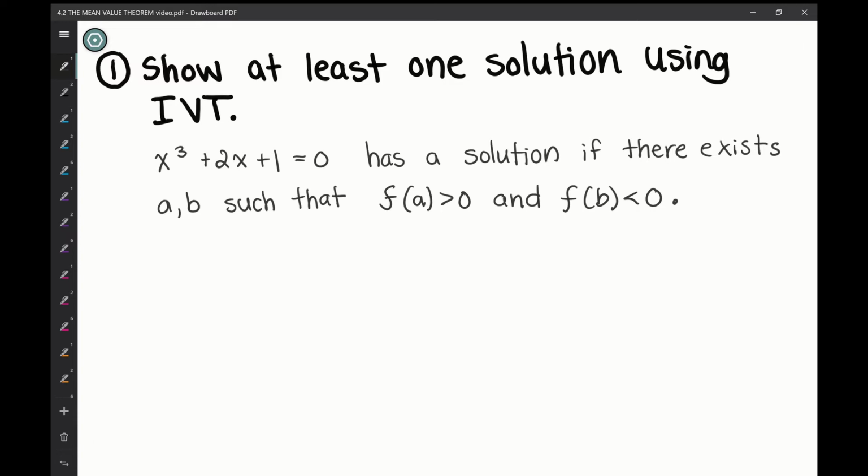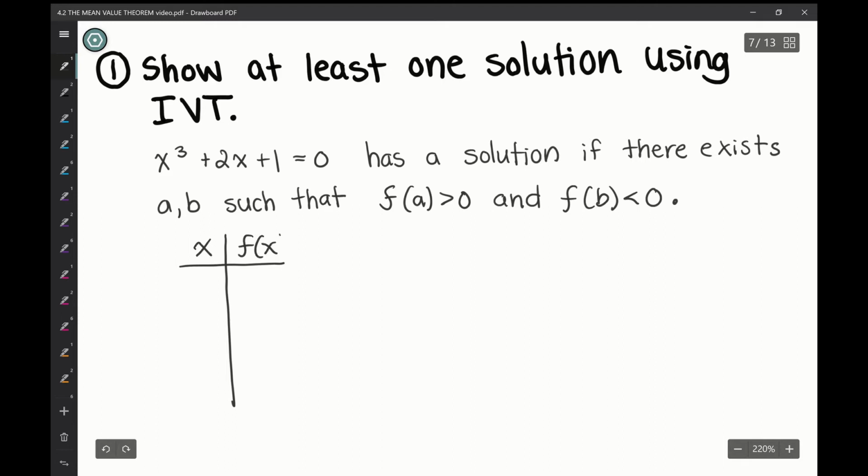Now we need to find any numbers a and b that fulfill this requirement. Sometimes this takes a bit of guessing and checking. If you're guessing and checking out of nowhere, 3 good x values to check, simply because they're easy to evaluate for most functions, are -1, 0, and 1. So f of -1 gives us -2. f of 0 gives us 1. And we already have 2 outputs that are on either side of 0, but just for completion's sake, if we had guessed 1 first instead, f of 1 would be 4.